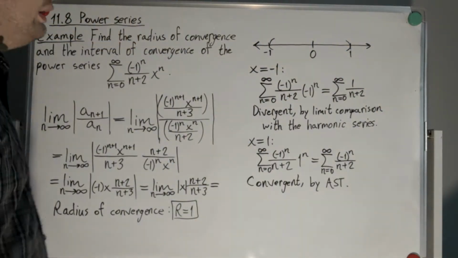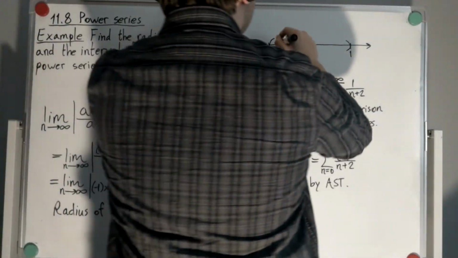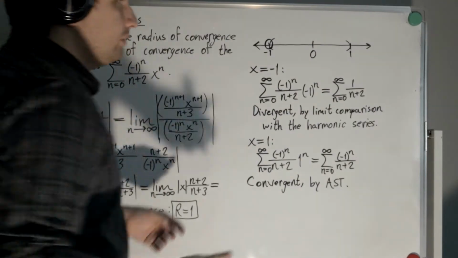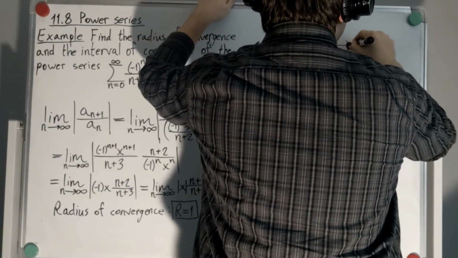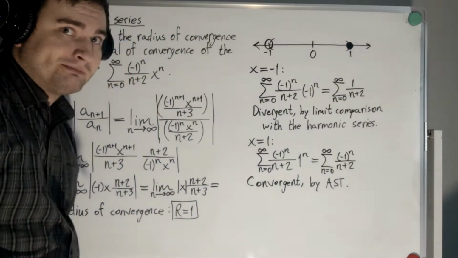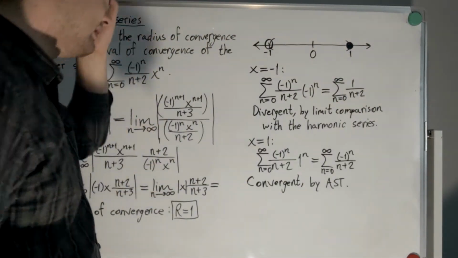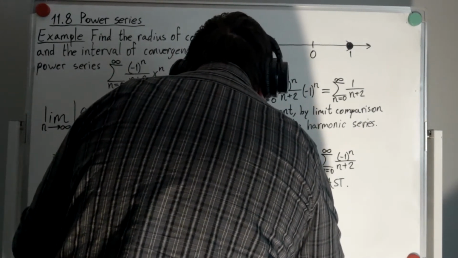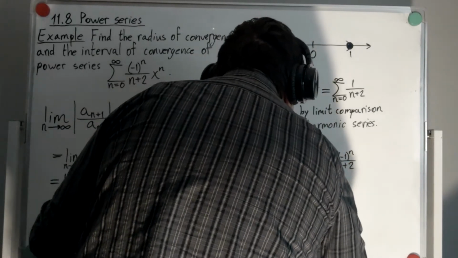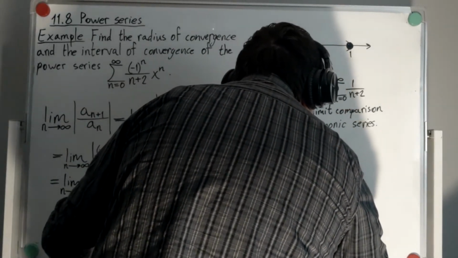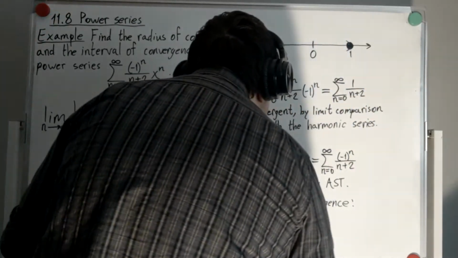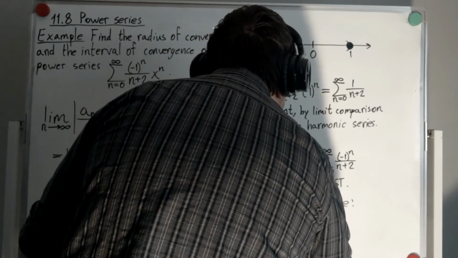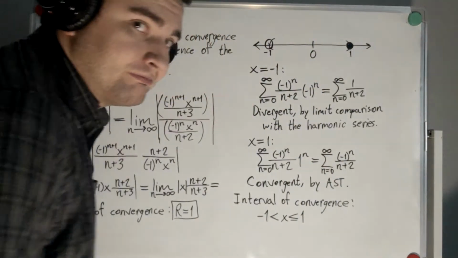And so what we're getting here is that we cannot be at -1 and get convergence, but we can be at +1 and get convergence. Okay? So the interval of convergence is specifically the interval where x is greater than -1 and less than or equal to 1.